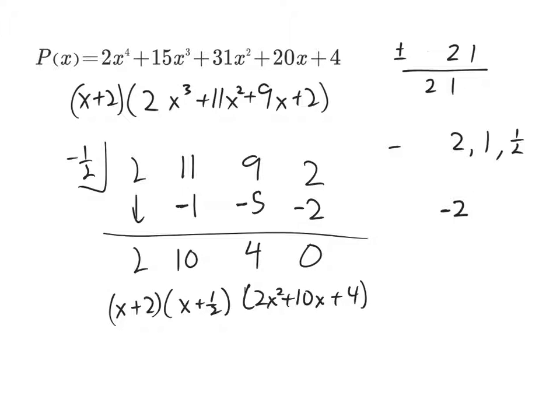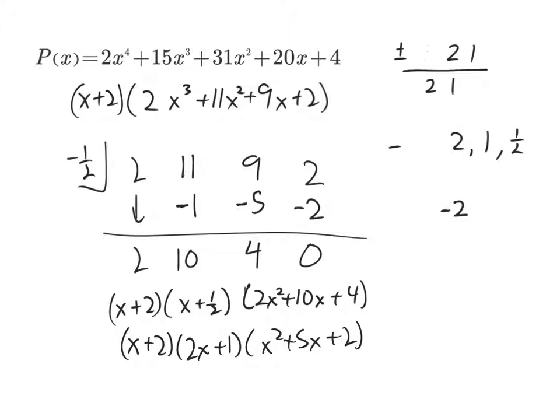Now remember, I can factor out a 2 out of this one, and then I can give it to this one. So factor out a 2, put the 2 back in here, and that gives me x plus 2, 2x plus 1, and x squared plus 5x plus 2.